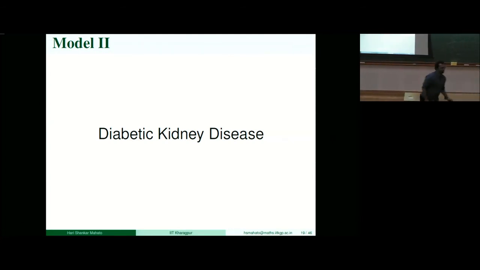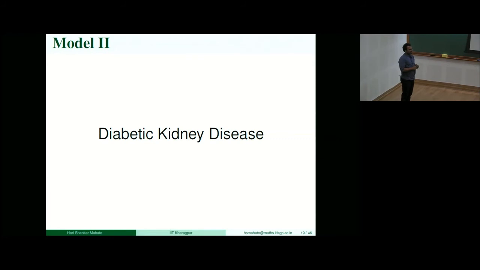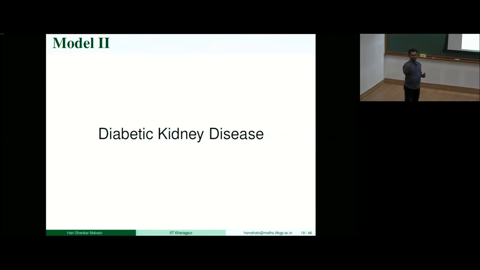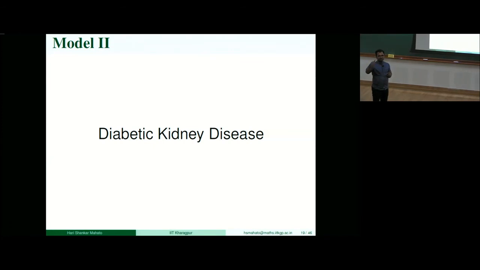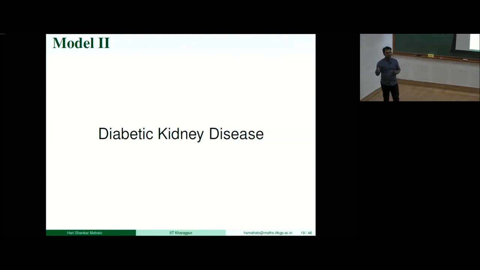So we developed a mathematical model that can predict, if someone has diabetes, then without treatment, how long it will take to reach a certain level of kidney disease. So whether that person will go to stage 1 in 10 years, or stage 2 in 15 years, or stage 3 in 20 years, that can be predicted with this model.